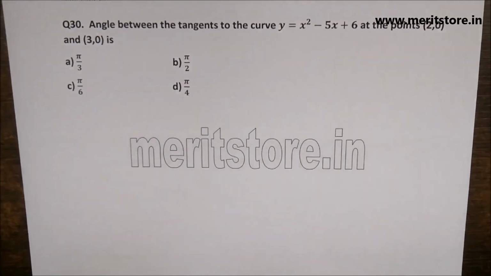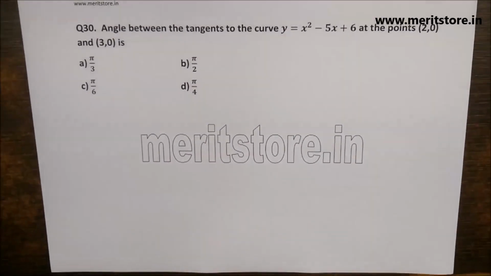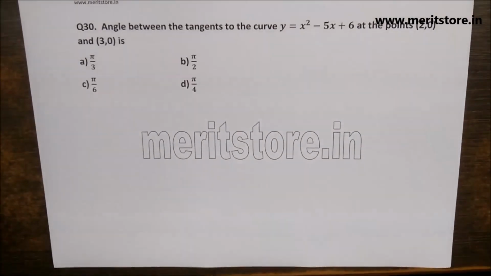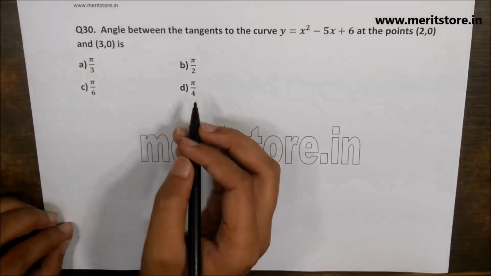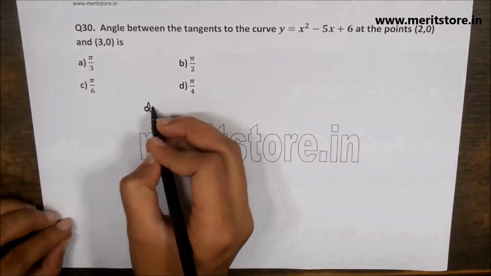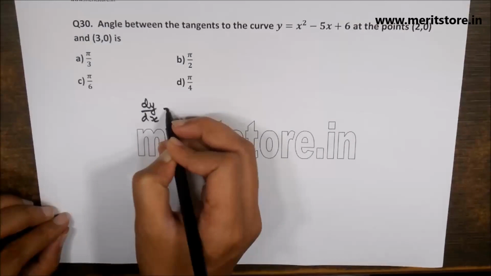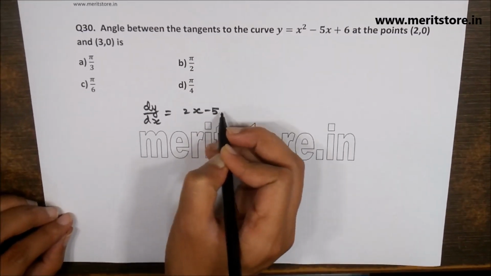30. Angle between the tangents to the curve y equal to x square minus 5x plus 6 at points 2 comma 0 and 3 comma 0 is, differentiating with respect to x, we get dy by dx is equal to 2x minus 5.